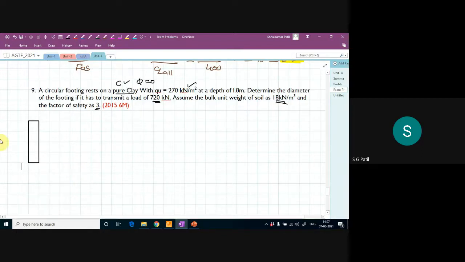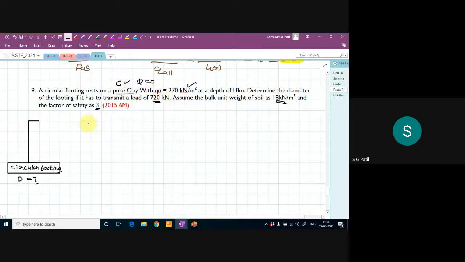Anyway, I will draw the sectional view only. In the sectional view, it will look like your normal square footing. But if you see the plan view, you will see that circle. So it's a circular footing, of diameter, how much? They are asking for the diameter, so that is the question mark.